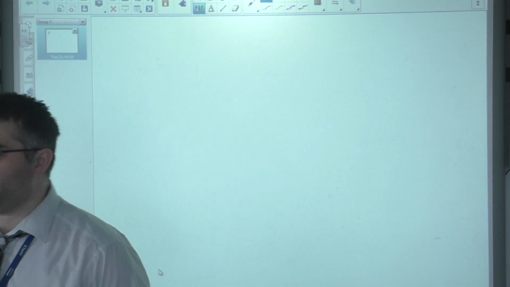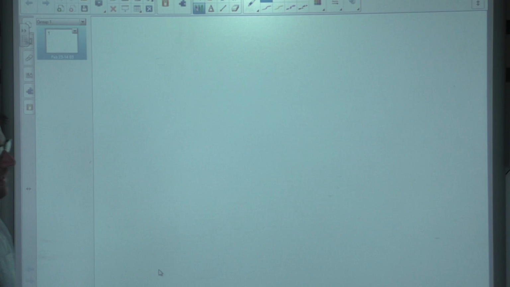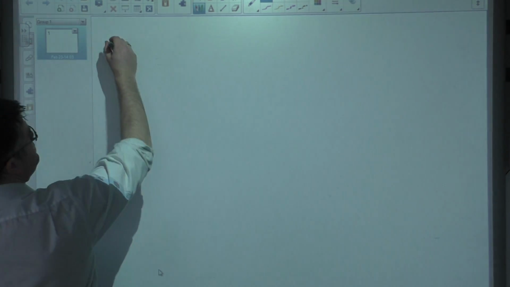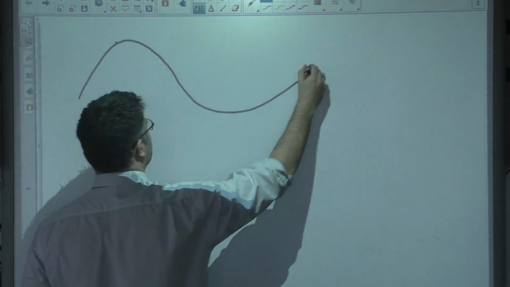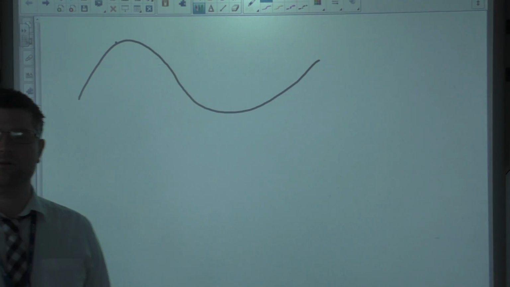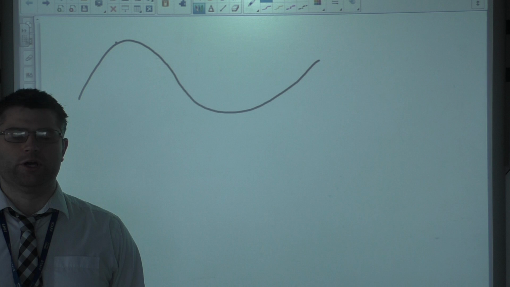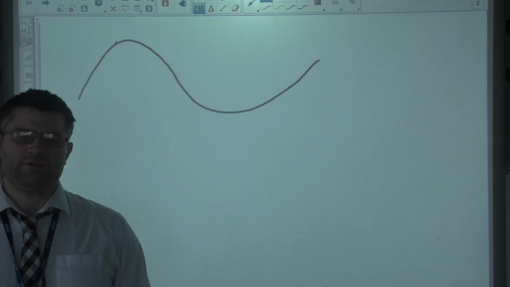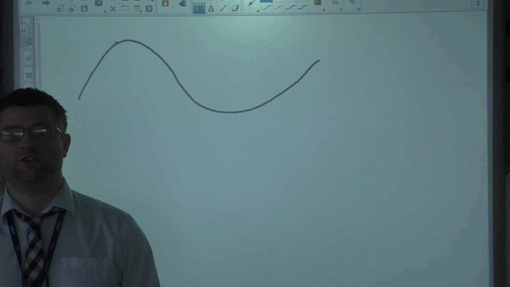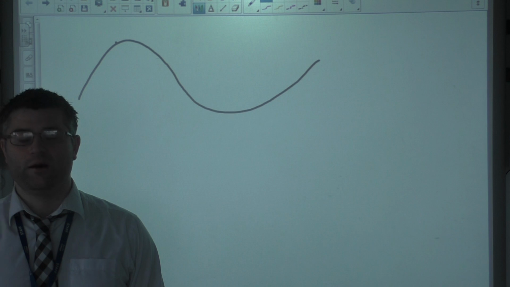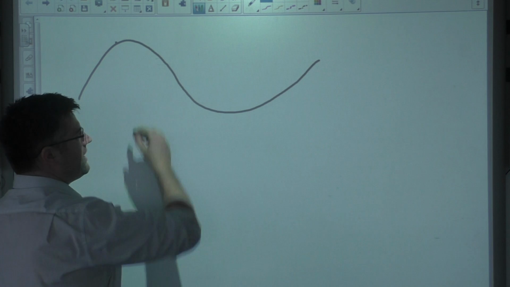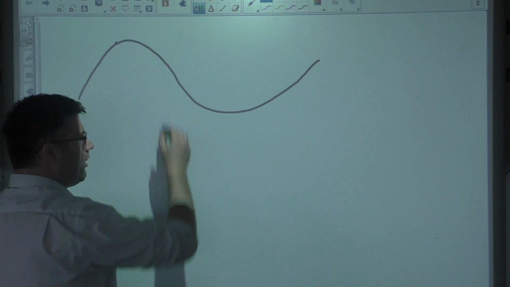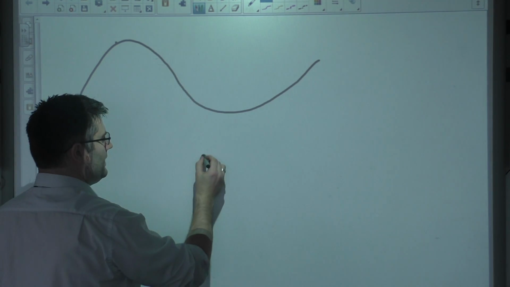Okay, so we start off with your understanding of a basic transverse wave. A basic transverse wave might look something like that, okay? Now, that's all well and good, but not all waves oscillate in one dimension. In fact, they're all three-dimensional, which means that we could represent this oscillation of a particle as an up and down in that plane.